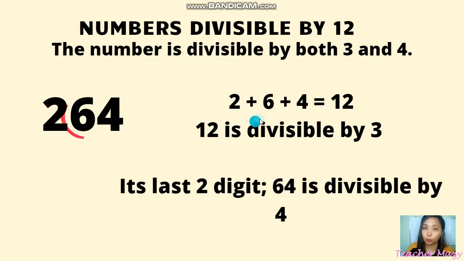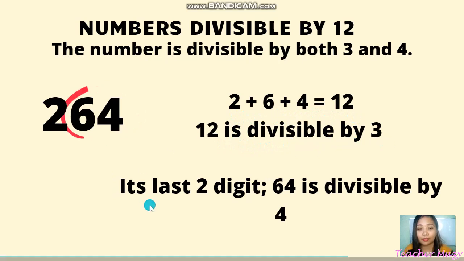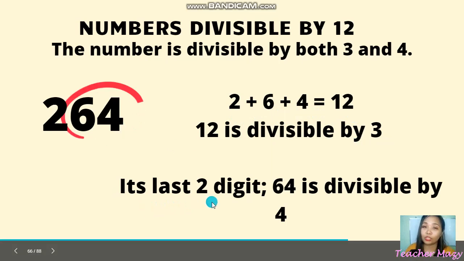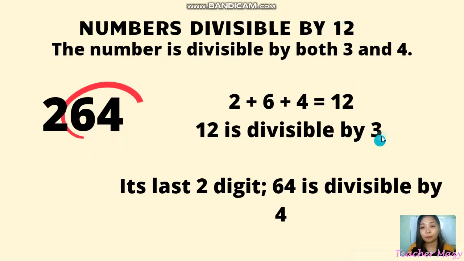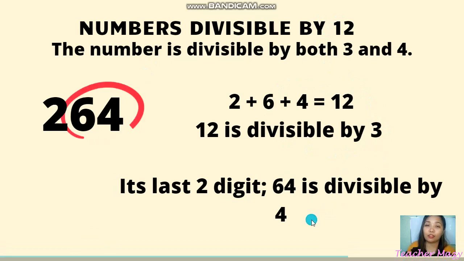We have 2 plus 6 plus 4 is equal to 12. And 12 is divisible by 3. Next, its last two digits are 64, which is divisible by 4. So that means this number is divisible by 12 because pwede siyang i-divide by both 3 and 4.